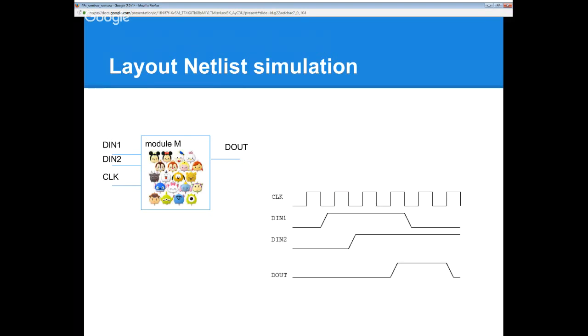In that case, the wire causes some delay to propagate. So with the layout netlist, we can do a more accurate simulation. Its behavior is much closer to the real one. So we do a layout netlist simulation to verify the function.